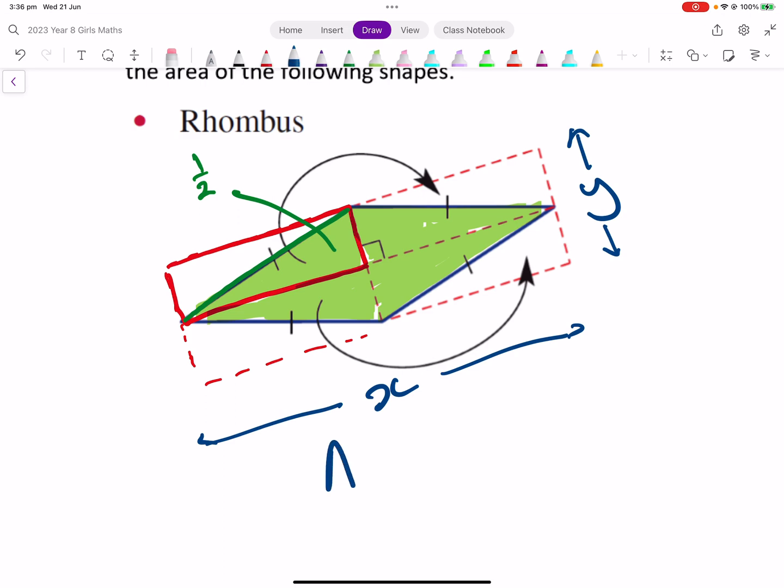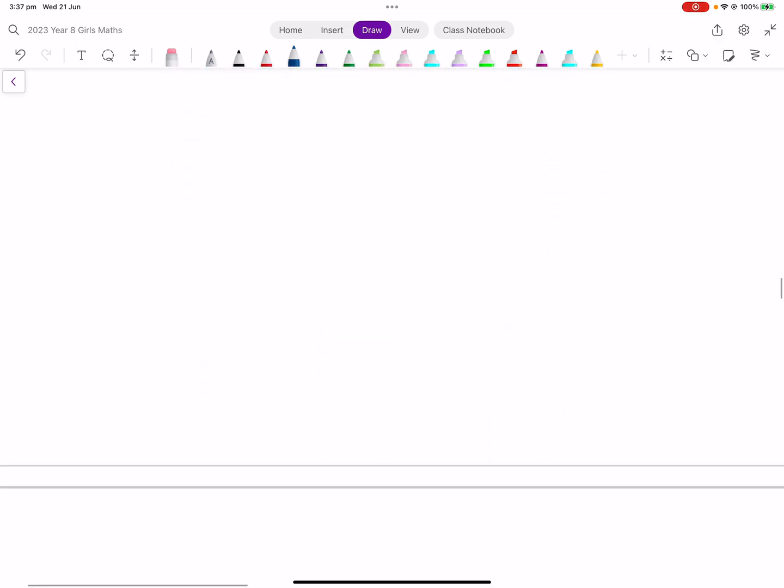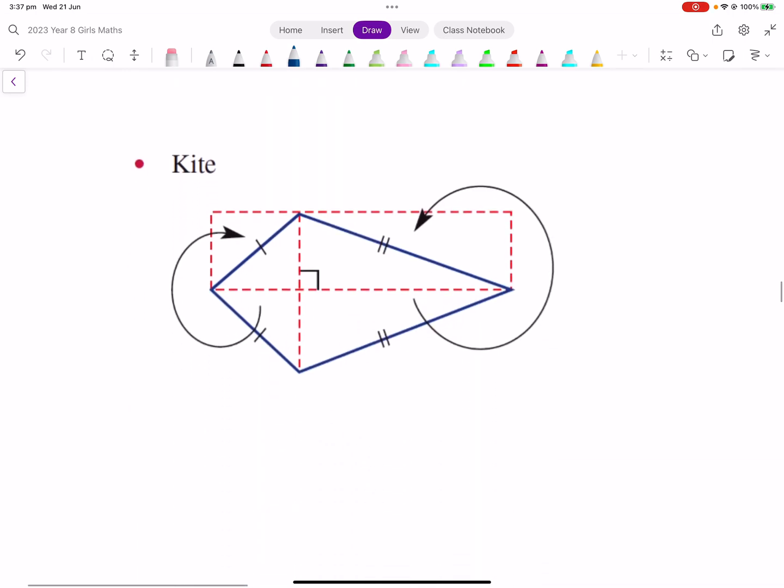So the area of the rhombus is just going to be a half of the whole rectangle, which would be X times Y. So the area of a rhombus is a half X times Y, where X and Y are these dimensions. You can think of them as the length and width, if you like. Let's have a look at a kite.